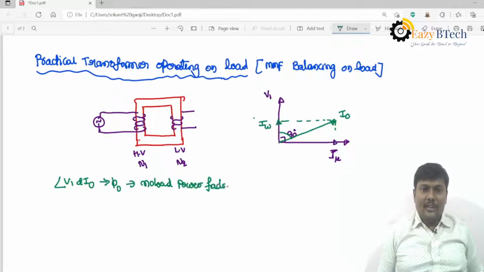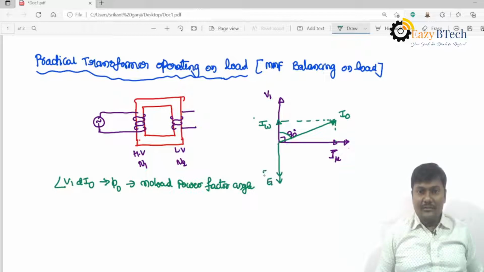This is the flux, and the angle between the flux and the induced EMFs is 90 degrees. This is from the previous lecture I have posted here.